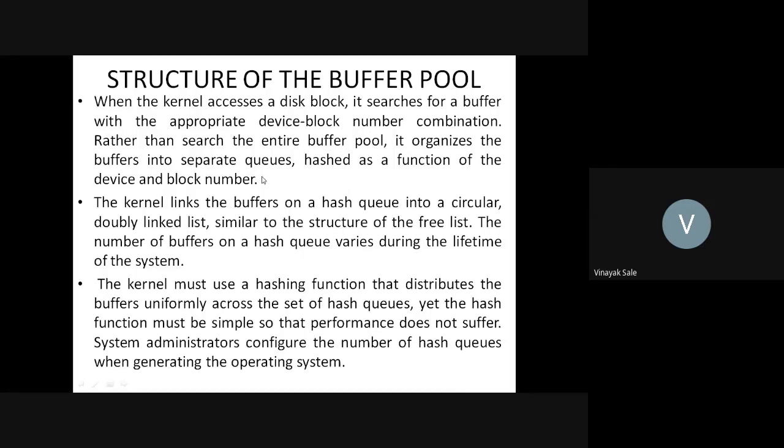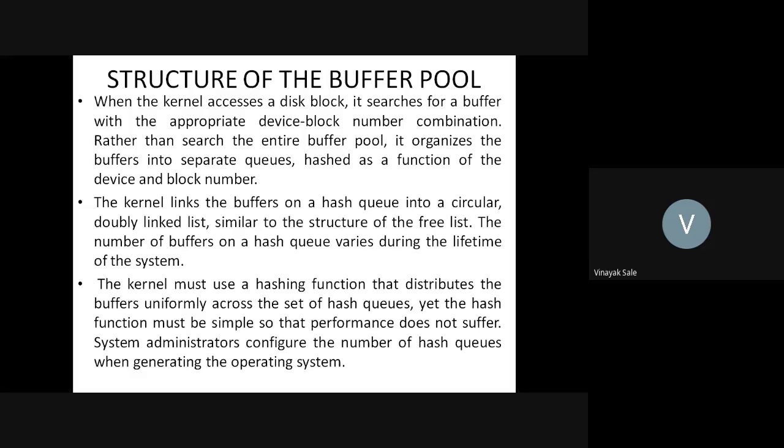So rather than searching the entire buffer pool, the kernel organizes the buffers into separate queues hashed as a function of the device and block number. The kernel links buffers on a hash queue into a circular doubly linked list. Similar to the structure of a free list, the number of buffers on a hash queue varies during the lifetime of the system.